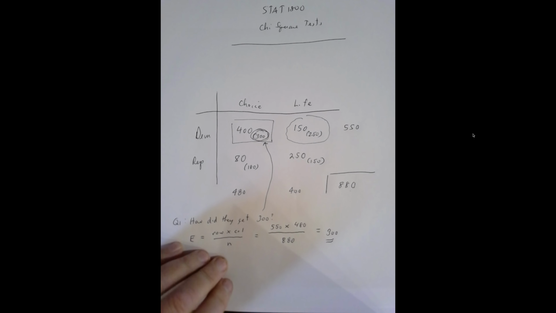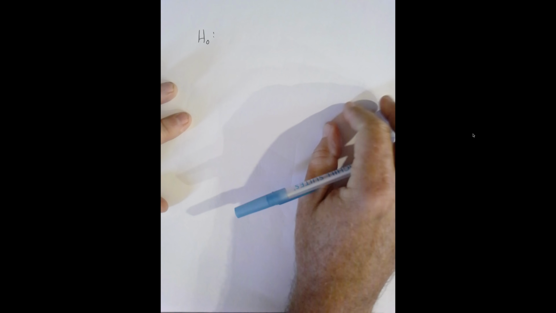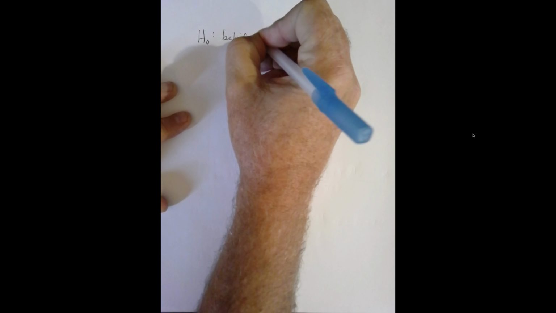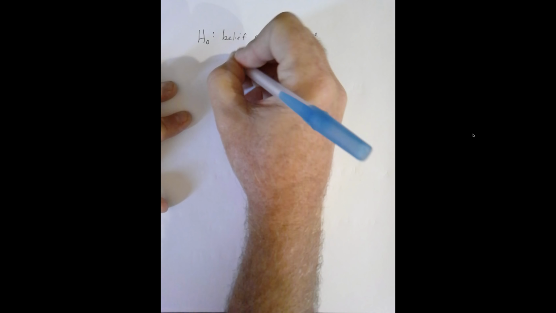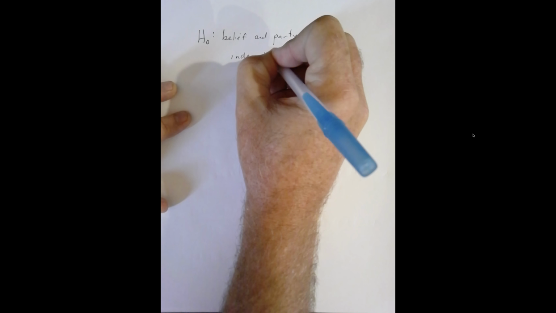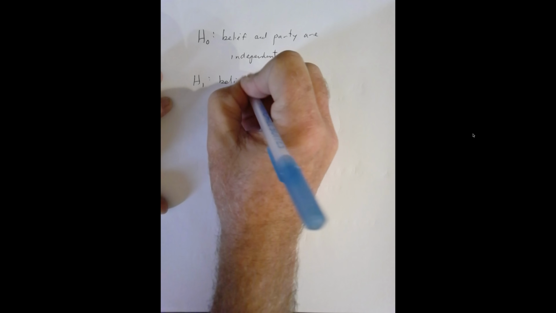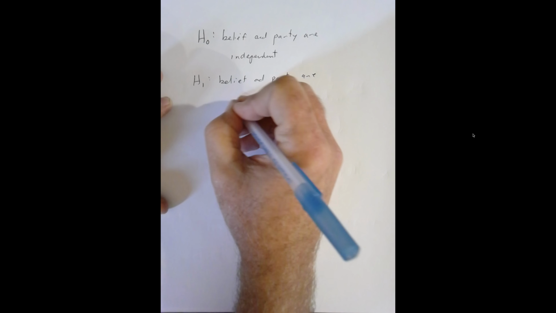Now, we can even conclude something else. If we look at this as a contingency table, our null hypothesis would be that belief and party are independent. Our alternative hypothesis is belief and party are dependent.